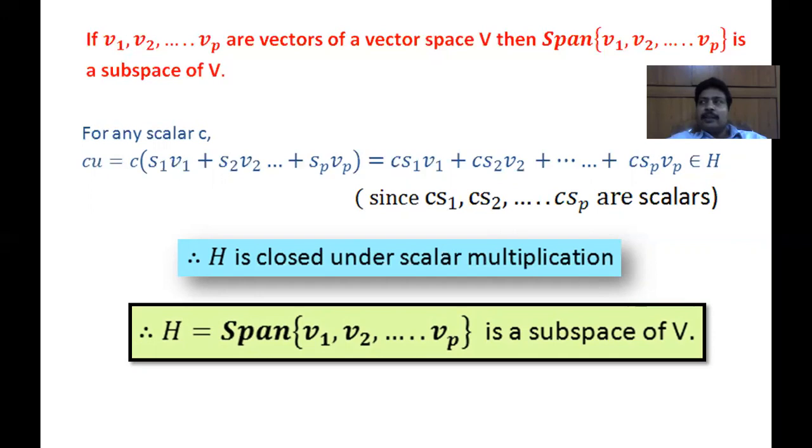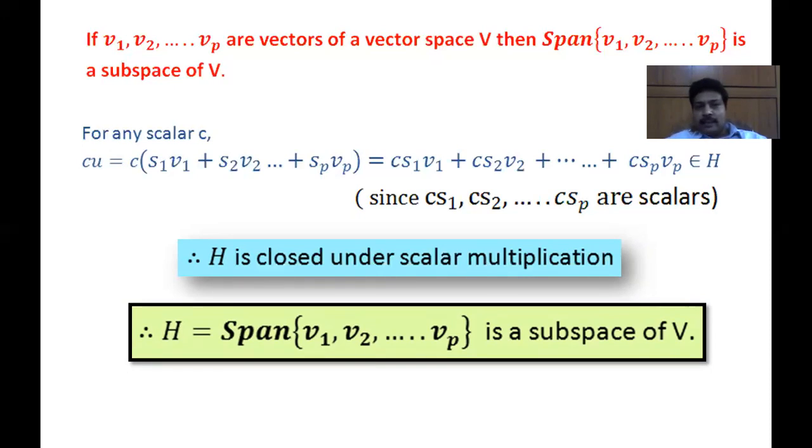First, to show that it is a vector space, we need 10 axioms. If there is already a vector space and we are dealing with a subset of it, to prove that it is a subspace of V, we need only three properties, including that it should be a subset, of course. We need only three properties: zero vector, closed under vector addition, and closed under scalar multiplication.